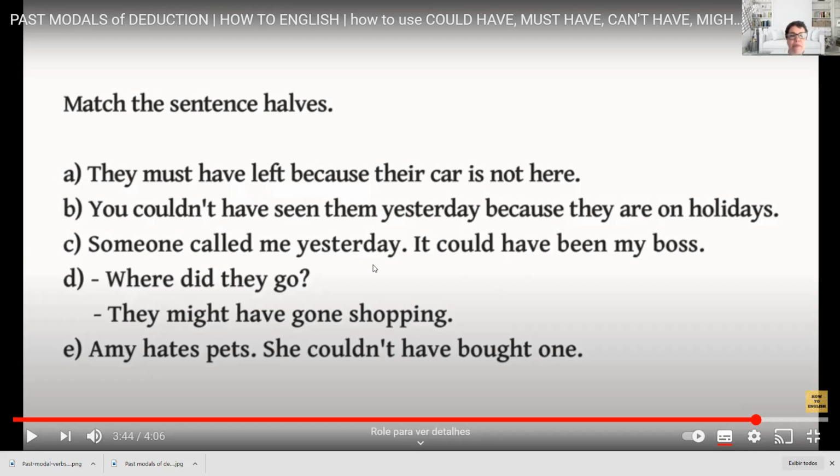When I'm showing that I'm not so sure, like here in letter C, I can say, someone called me yesterday. It could have been my boss. In this case here, I'm not sure. Okay, so it's possible that it was my boss.